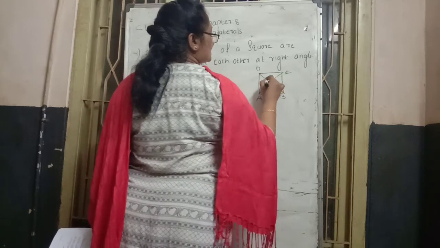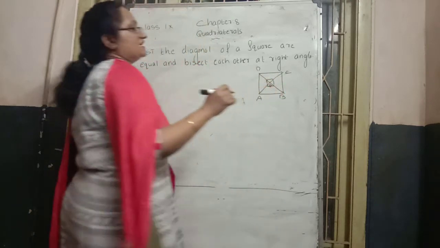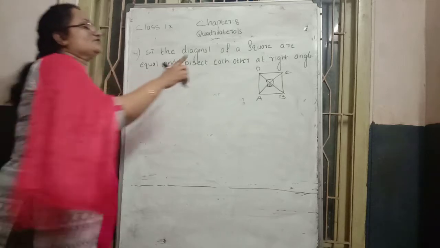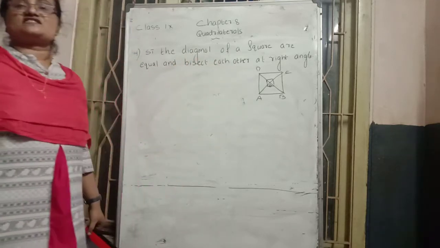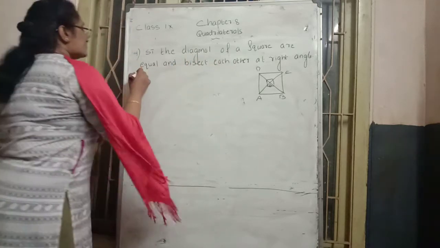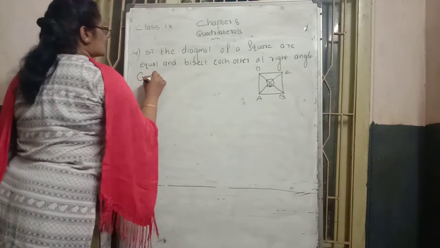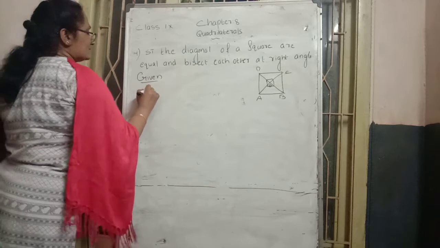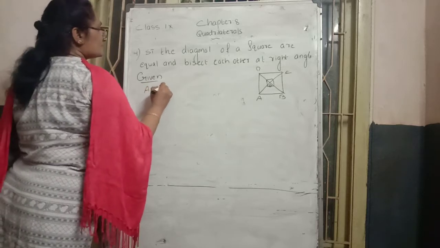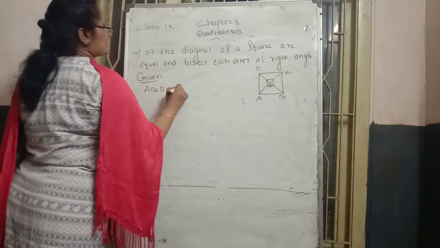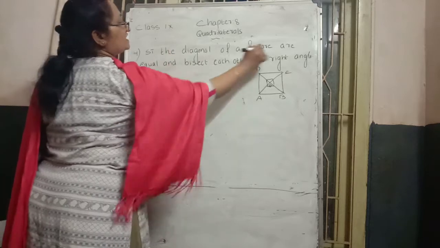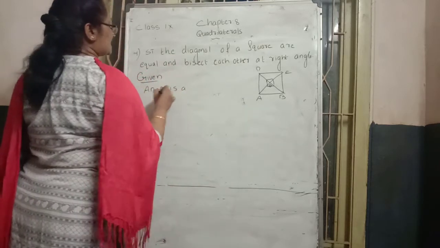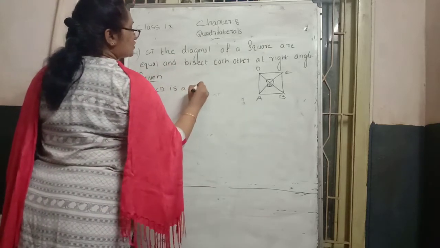At the center the diagonals make how many degrees? 90 degrees. Then we can prove that this ABCD is a square shape. So first we start with the given information. What information is given there? ABCD is a quadrilateral. We want to show that it is a square shape. So we can write ABCD is a quadrilateral.